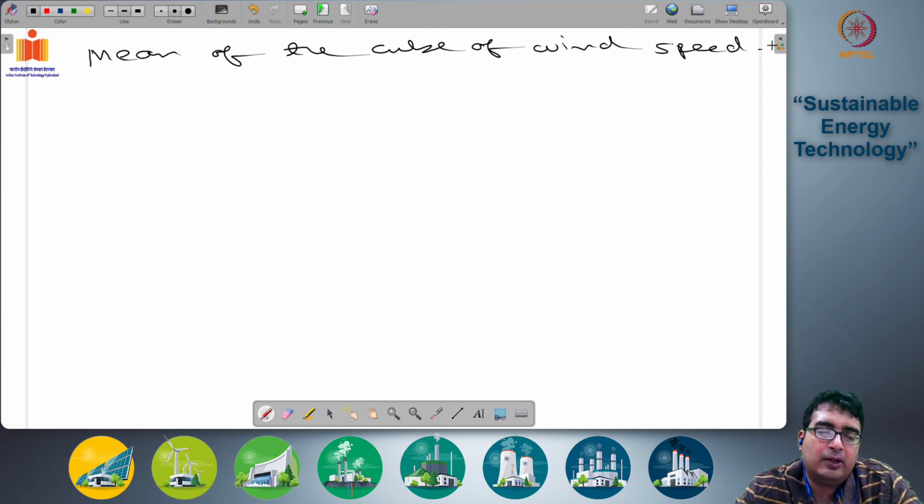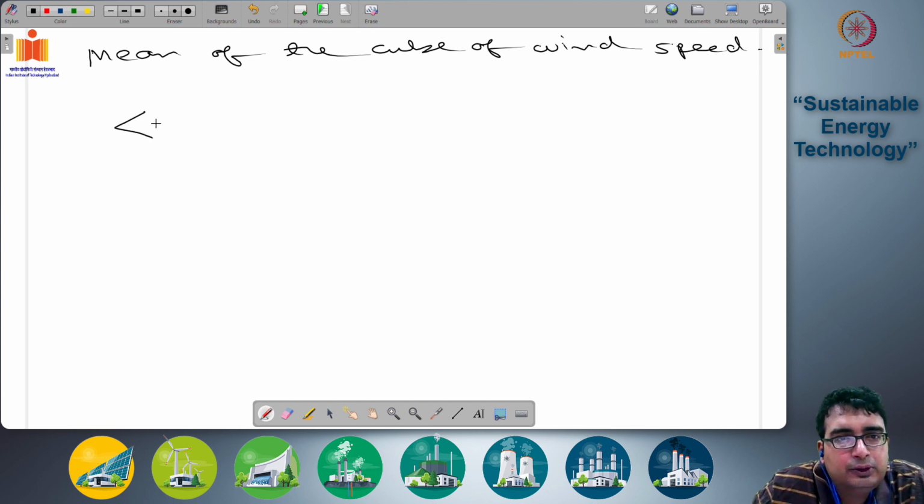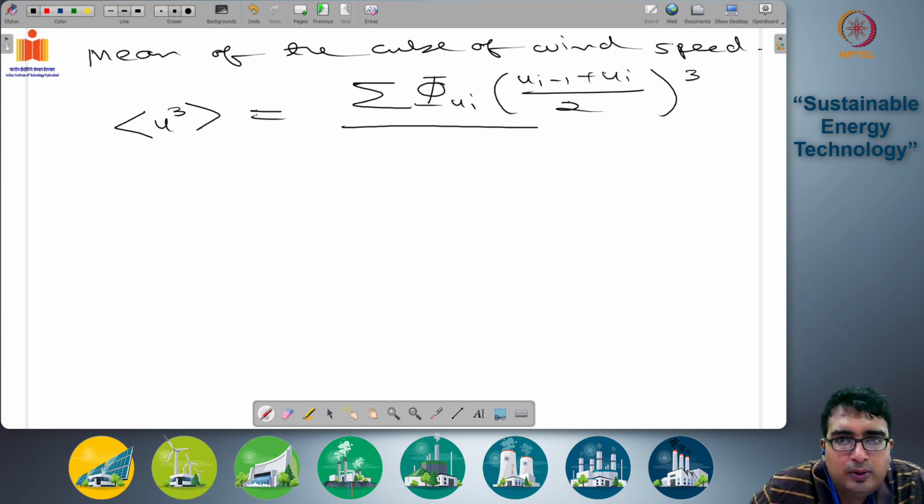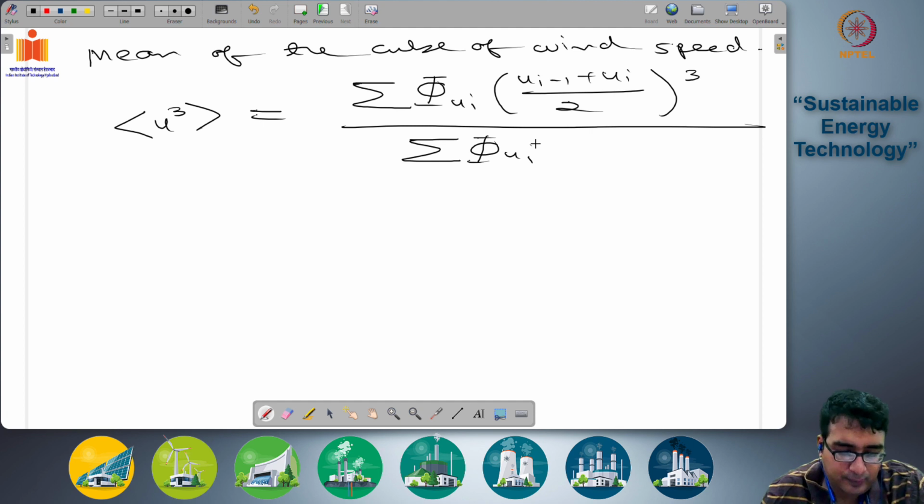So in order to find out the wind power distribution for a given wind speed distribution, we have to correlate it with the cube of the wind speed. So this mean quantity becomes important. So this is u cube, given by the summation of phi ui times ui minus 1 plus ui by 2 whole cube, divided by the summation of phi ui.